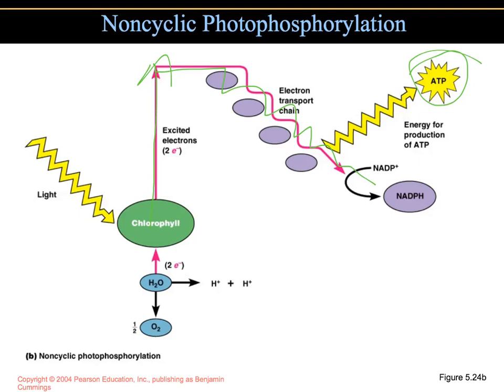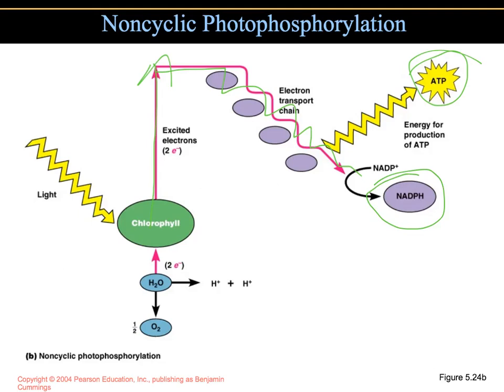But in cyclic photophosphorylation the electrons are returned to the chlorophyll molecule, and in non-cyclic, this does not happen. So what we have here is the electrons being passed to NADP plus, reducing it to NADPH. So here the electron acceptor is NADP plus.